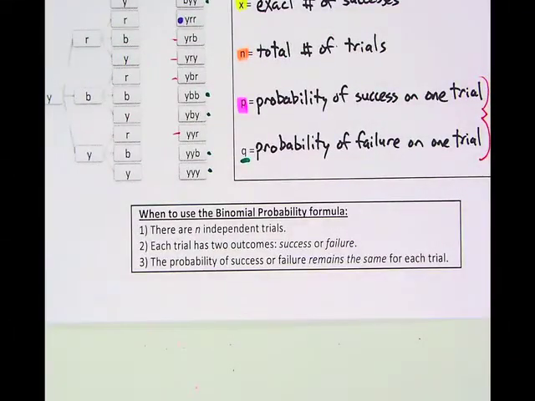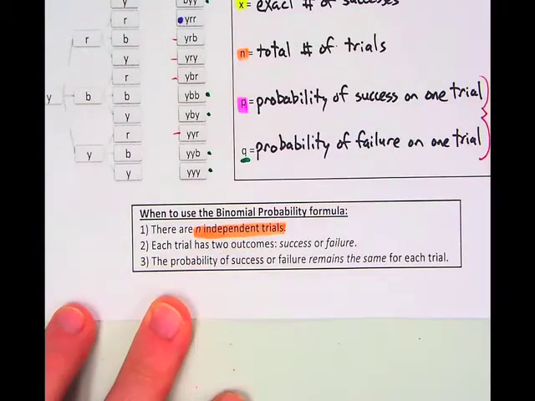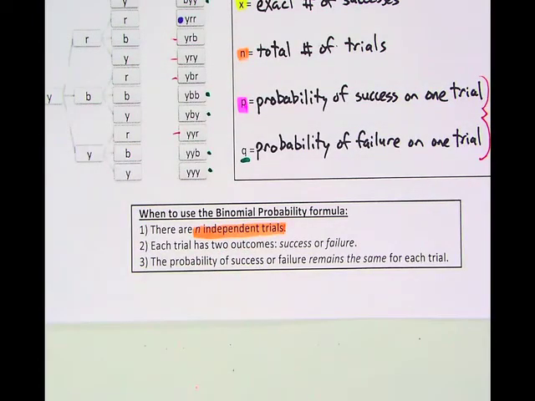Okay, we can use the formula when there are n independent trials. So remember, independent means one does not affect another. So rolling a die, flipping a coin where the experiment doesn't change, or when you have with replacement.